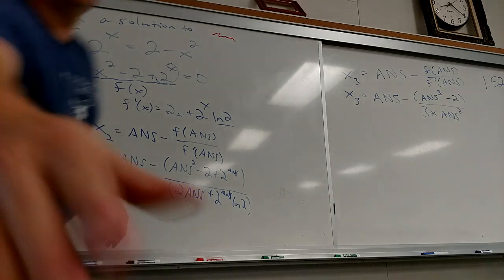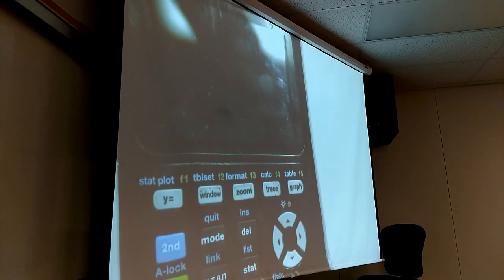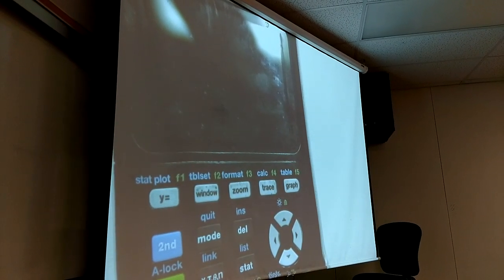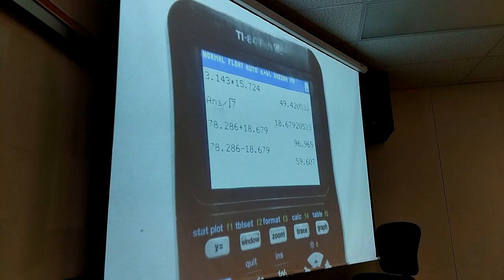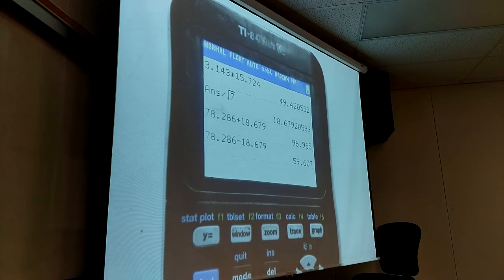So now, let's see what happens. I want my guess, and somebody else could have used something a little different than 0.5.